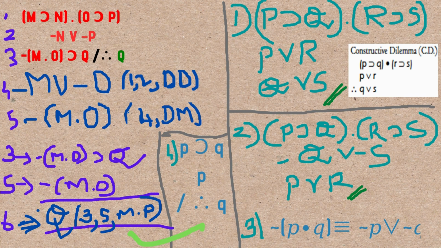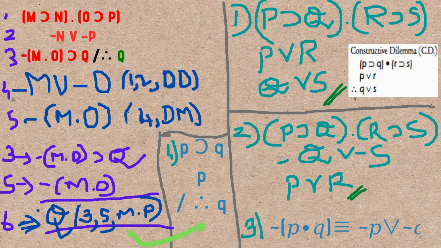So what they are doing is, the first premise, we are taking both the first and second premise. M implication N, conjunction O implication P, and negation N, disjunction negation P. Applying this DD. DD is the short form of the rule. You can check it in the table which I provided last time.